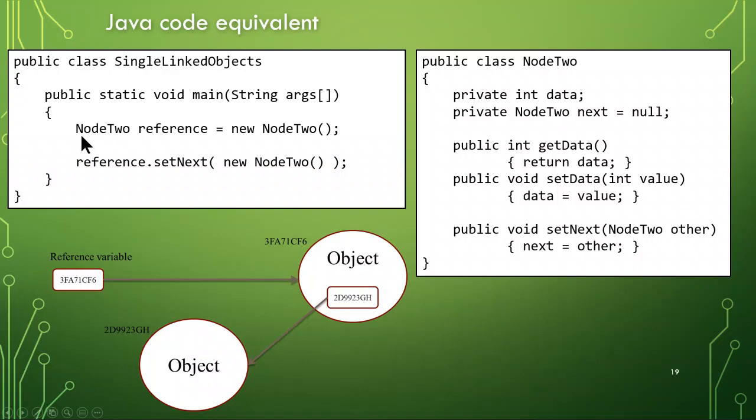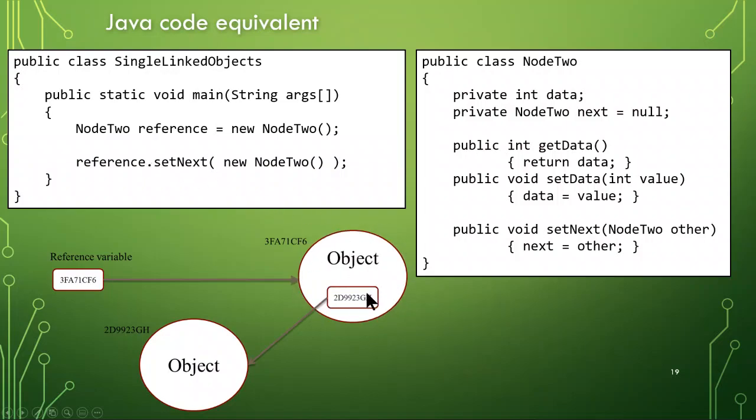If we go up to the main, I'm going to go through a quick example, but the slides next have a visualization as well. We made one object reference called reference. We then say new node2, which will make a new node of this class, and we'll store the address within here. So right now we have this going to an object. Now we're going reference dot, so this will follow and go over to the object, which is right here because I've got the dot.